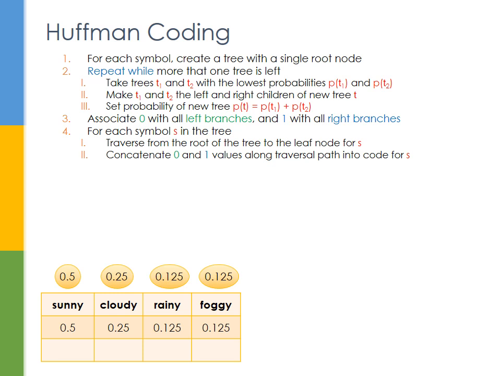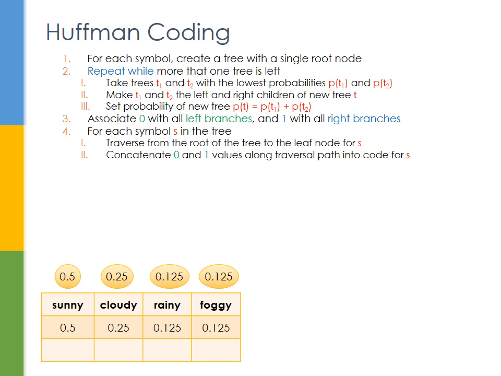Next, we need to repeatedly merge trees until we end up with one single final tree. At each of the merging steps, we take the trees with the 2 lowest probabilities, and those become leaf nodes for a new parent node, which then contains the cumulative probability of the 2 children.